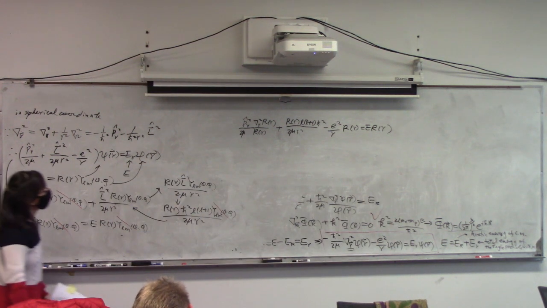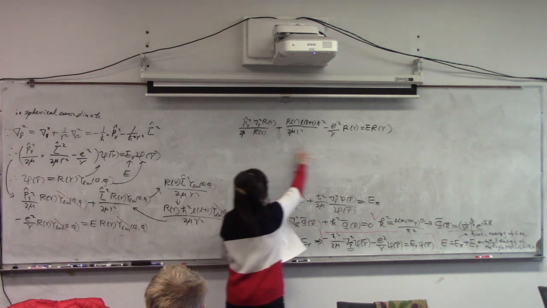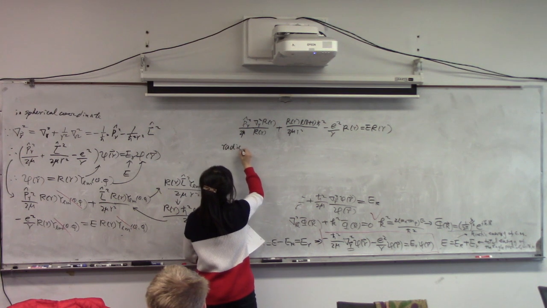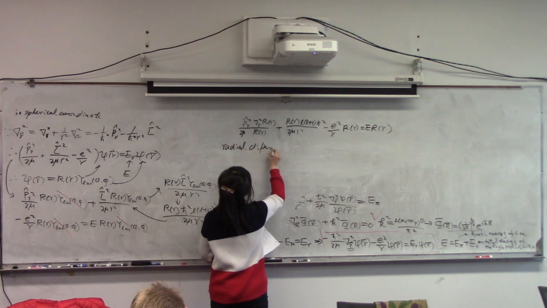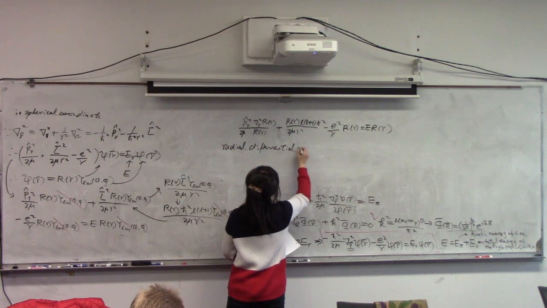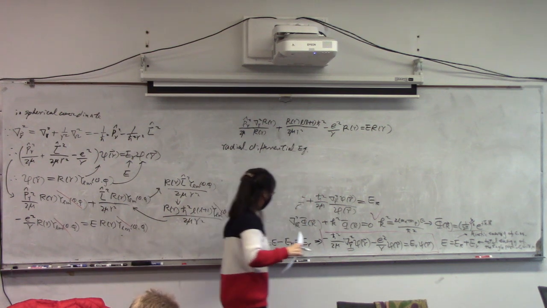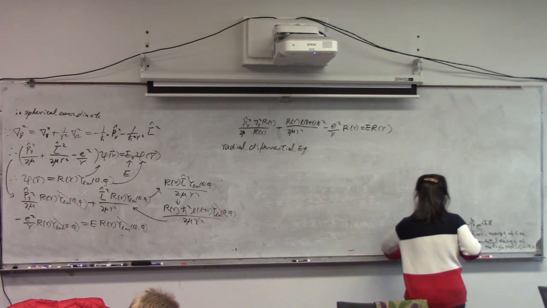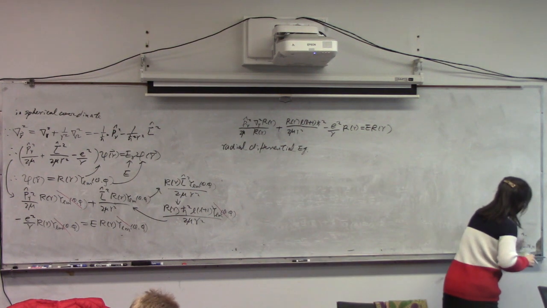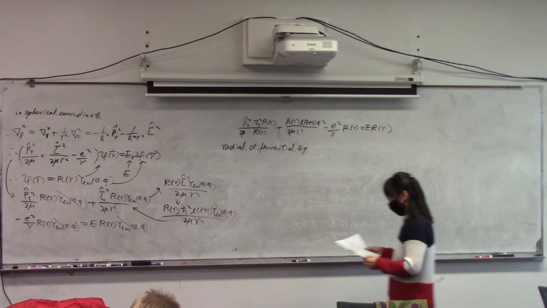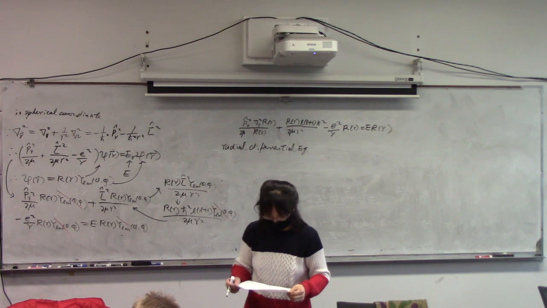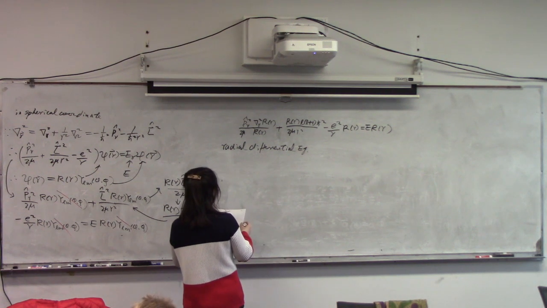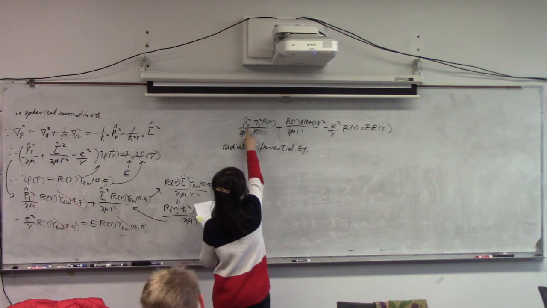Now we have this. So you can see this is a radial differential equation, if you remember, right? That is what we dealt with at the beginning of this semester. So now we are going to substitute P_R into here.